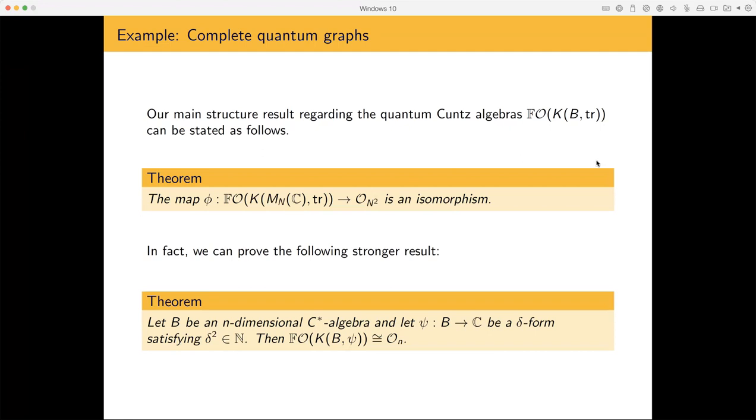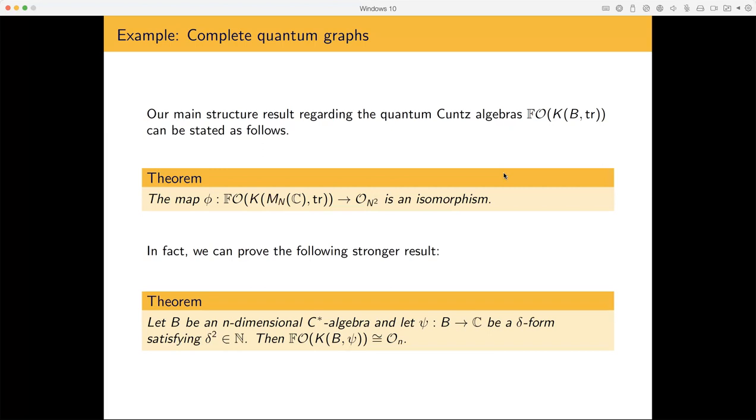Are there other questions? I have one. In the previous example, not the one that gives the Cuntz algebra, but the previous one, it reminded me of this: you take the functor that associates to an algebra the set of homomorphisms from the algebra to M_n, the n by n matrices over the complex numbers.